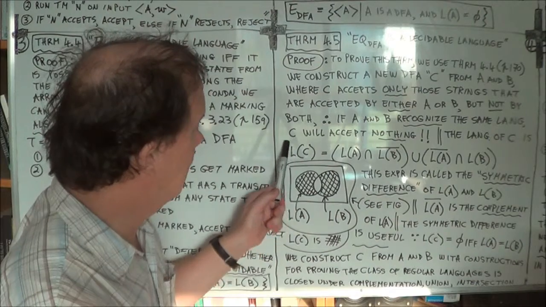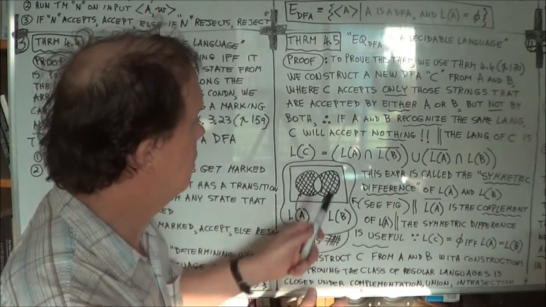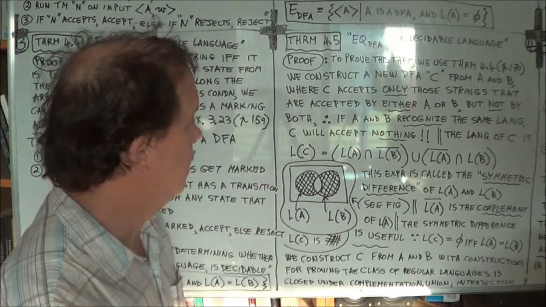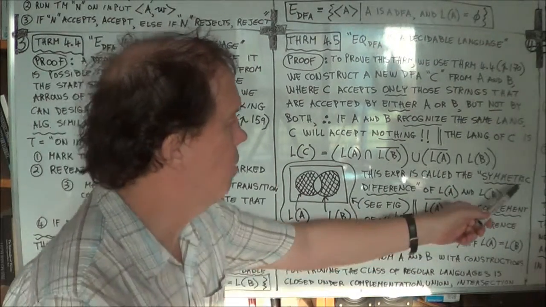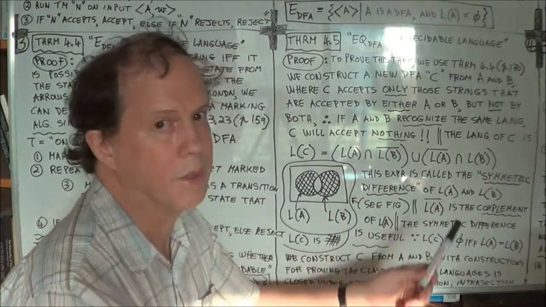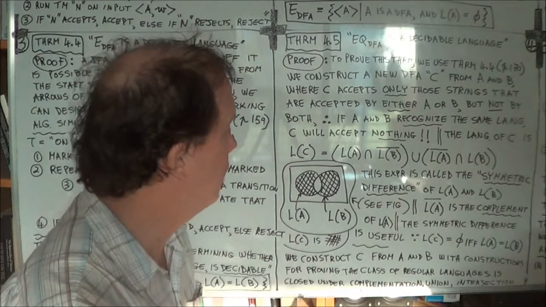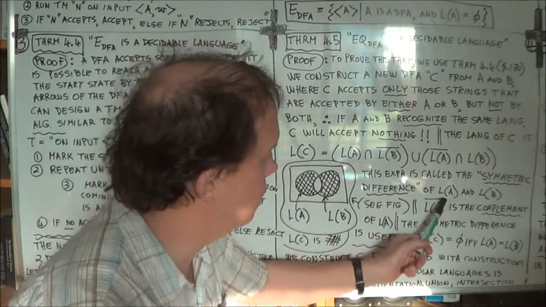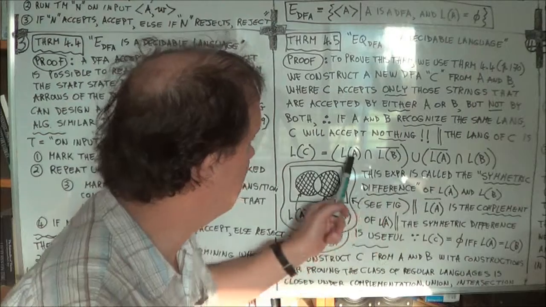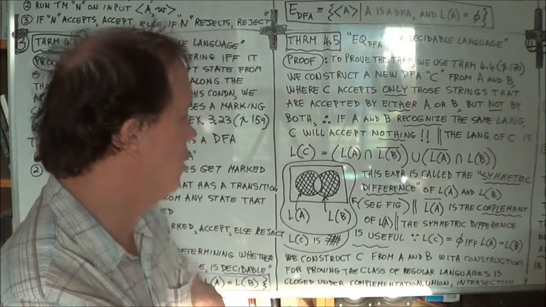So language C is of this form. Now this expression is given a name. It's called the symmetric difference of these two sets or two languages. Remember, the language is just a set of strings. So the symmetric difference between these two sets is this, by definition.